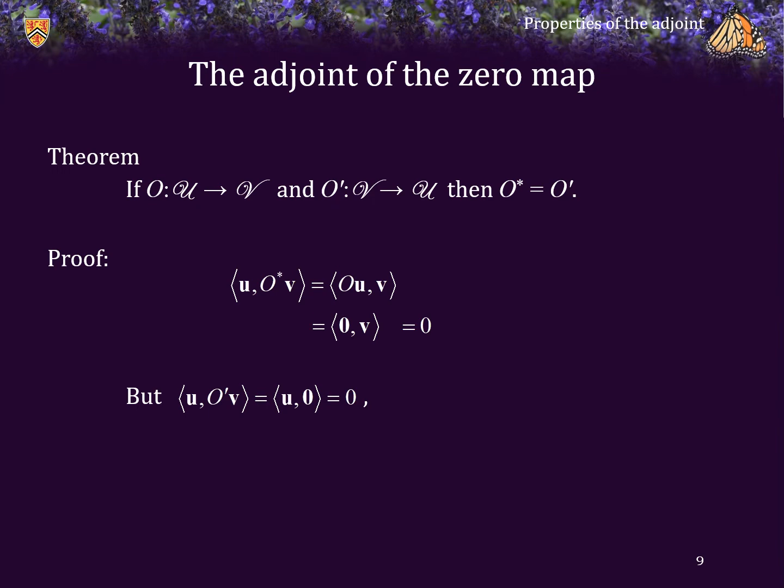Consequently, the first two inner products are equal for all vectors U and V, and therefore the two linear operators are also equal. Thus, the adjoint of 0 is equal to 0 prime.